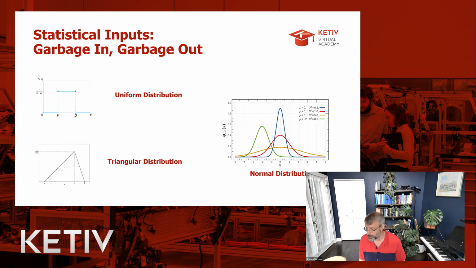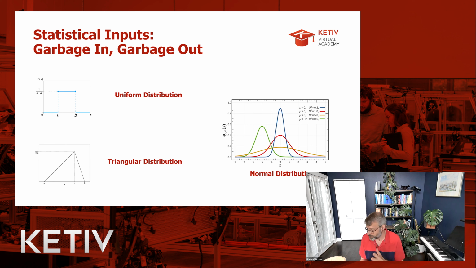And some other options, of course, if you don't know those distributions really well, you can assume a worst case scenario. If it's a uniform distribution anywhere between value A to B, you could do some sort of a triangular distribution where the minimum is something, the maximum is something else, and the average is somewhere else. In this case, it's skewed, but you could have a triangular distribution that's right in the middle.